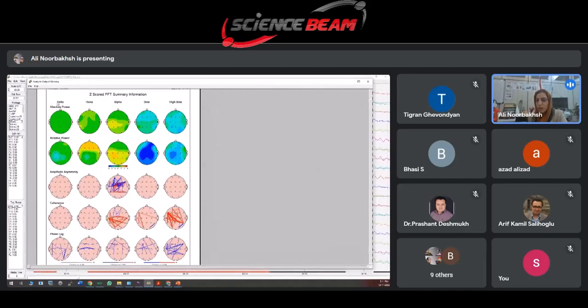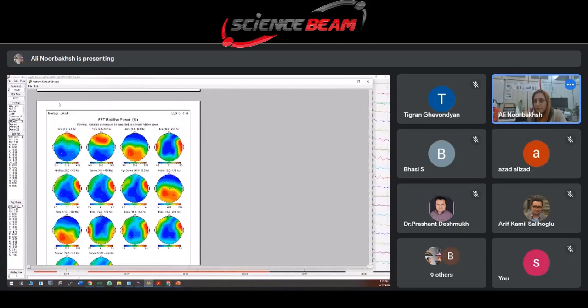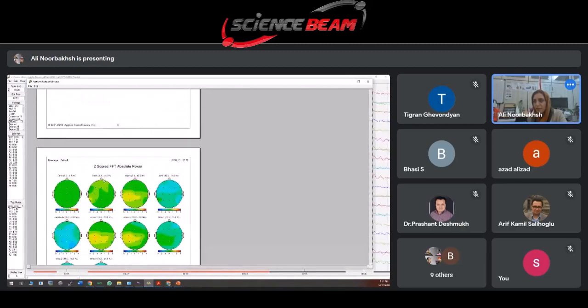You can just see delta. Again, you can see theta, between 4 to 8 hertz. Alpha between 8 to 12 hertz. Again, beta, and SMR. Beta between 12 to 25.